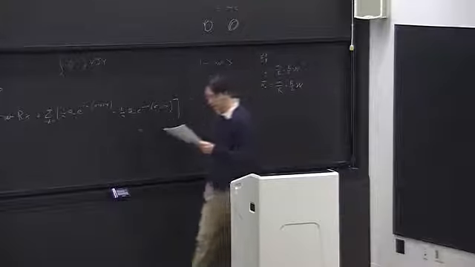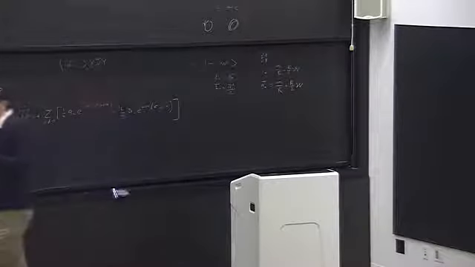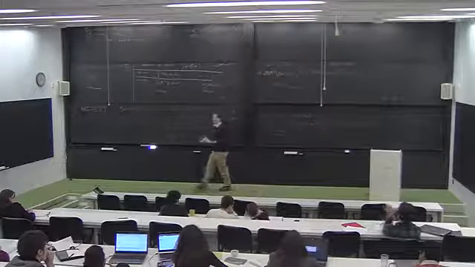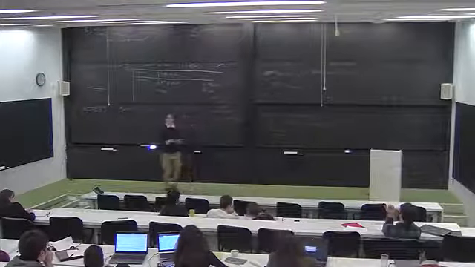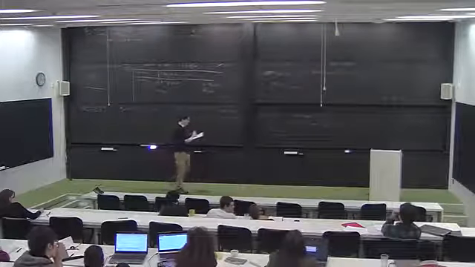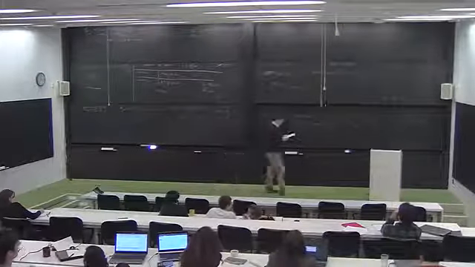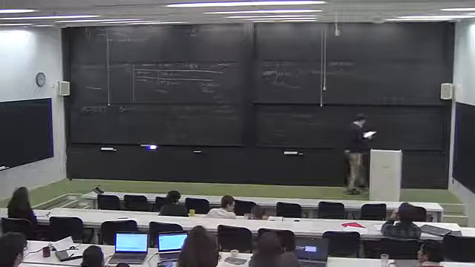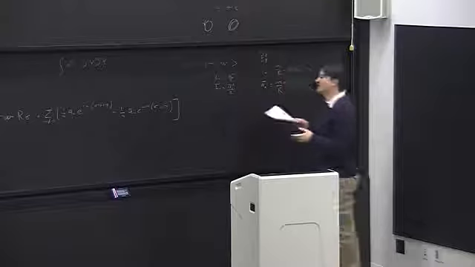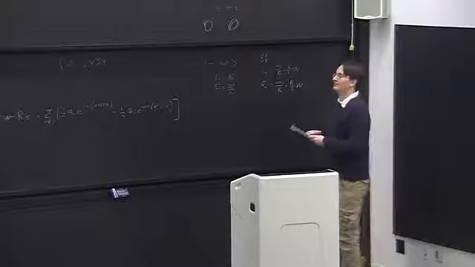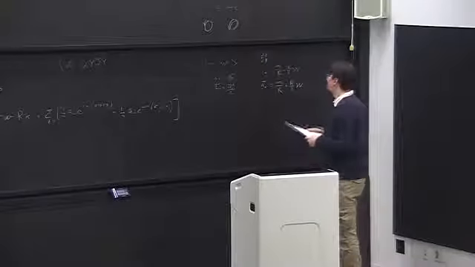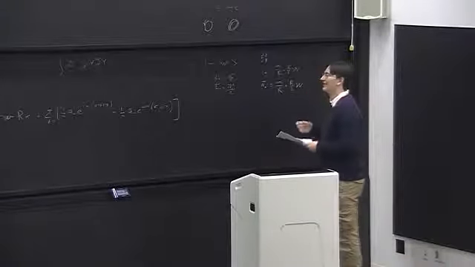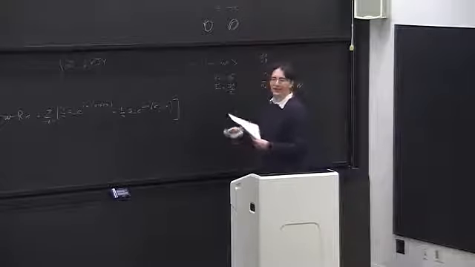So which sort of states do I get from this? So the string states will now be labeled by what?